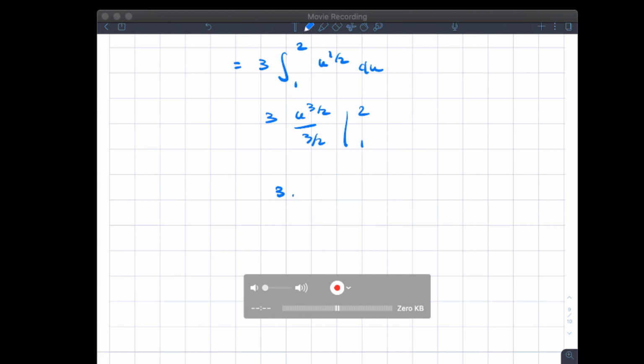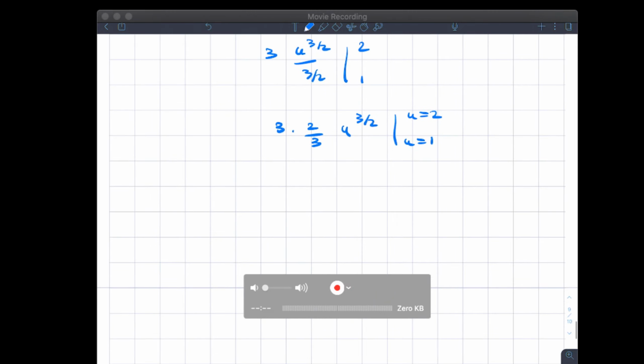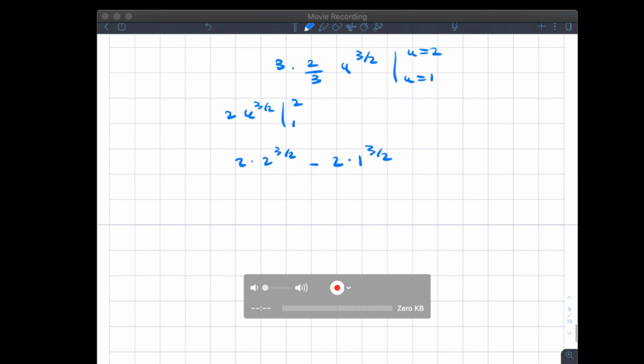So this is times 2/3 u to the 3/2, and we evaluate that from u is 1 to u is 2. So you get 2 u to the 3/2 from 1 to 2 again, which is 2 times 2 to the 3/2 minus 2 times 1 to the 3/2. So, ladies and gentlemen, use the definition here at this point of any base to a 3/2 power, right?